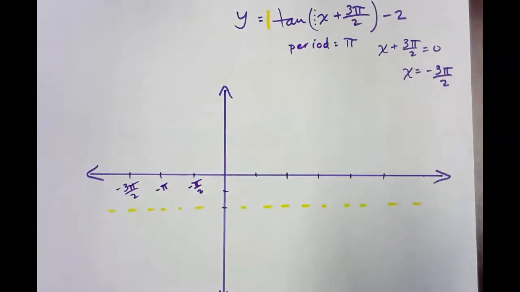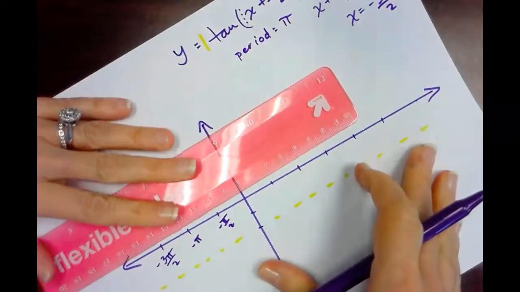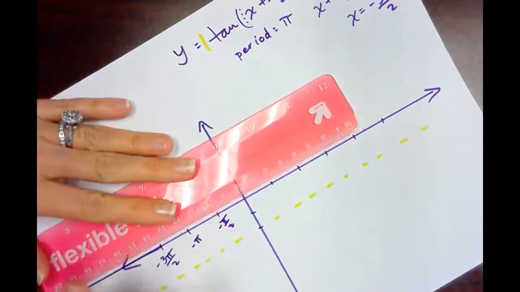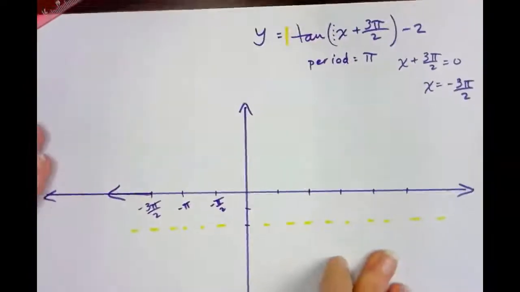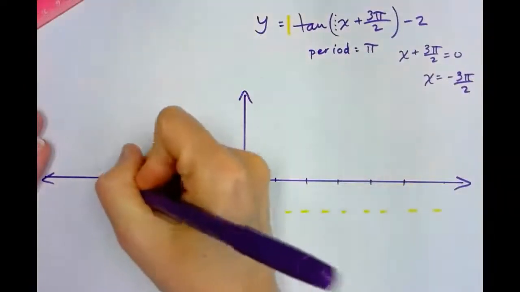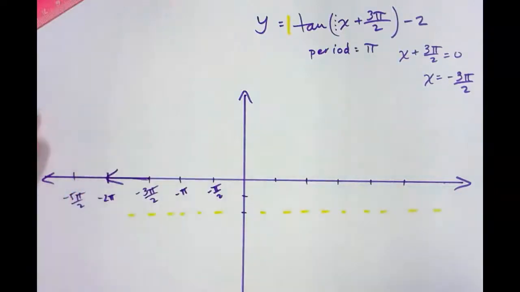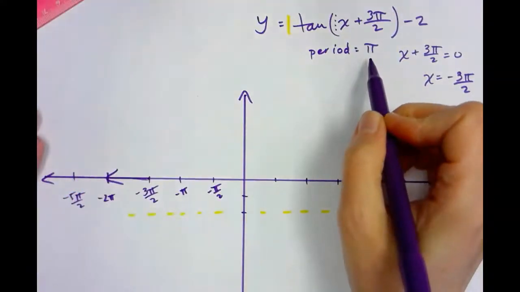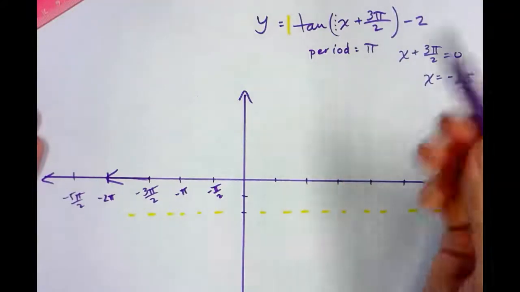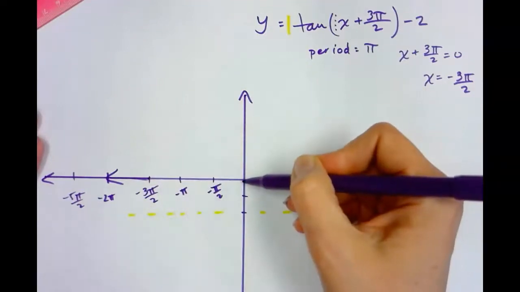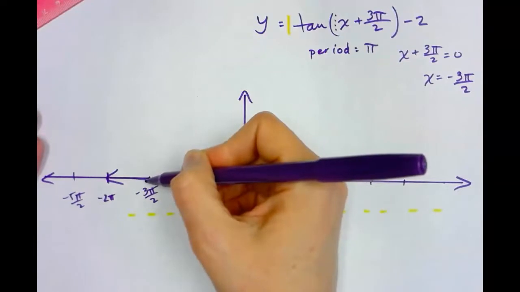So let's think about this. And actually, I think I will even extend my x-axis a little bit so I can get my asymptote in the correct location on this side of the graph. So negative 2π, negative 5π/2. If our period is π units long, then if we are starting at negative 3π/2, we've shifted from the origin back 3π/2.